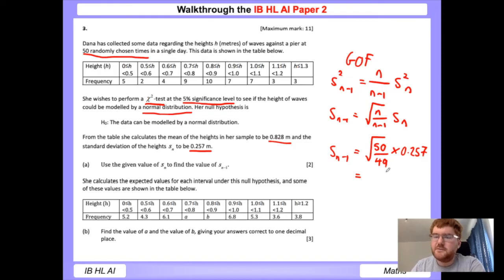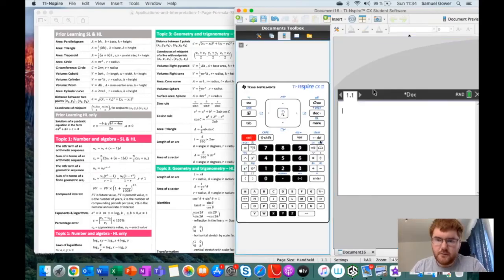And we pop all that into a calculator, and let's just do that now. Our calculator, control square root, fraction 50 over 49, multiplied by the number 0.257, and then we get 0.2596.